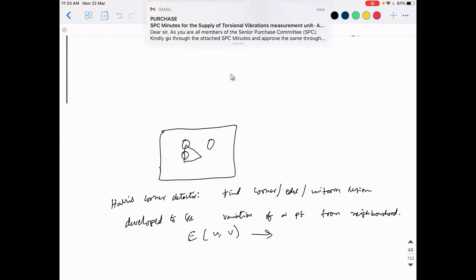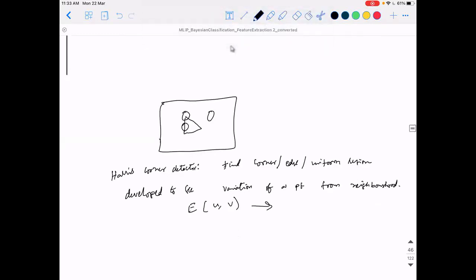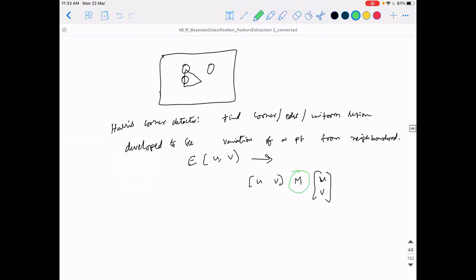The next step is it puts this in a nice mathematical form, to elegantly write it as an algebraic expression, and further it brings in the whole description of how this algebraic expression relates to different values of u and v in terms of the matrix properties of M. Further analysis on this brings us to a cornerness measure, R equal to the determinant of the matrix minus some lambda, or k, times the trace of the matrix whole square.